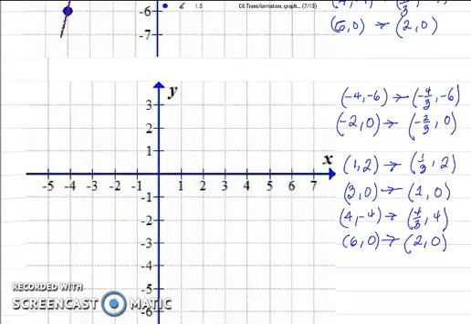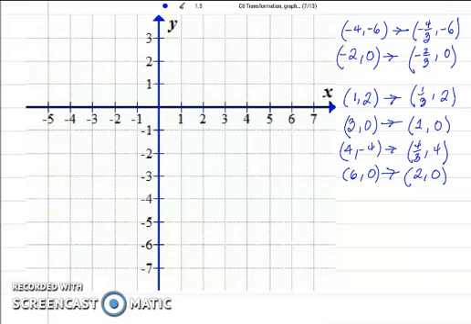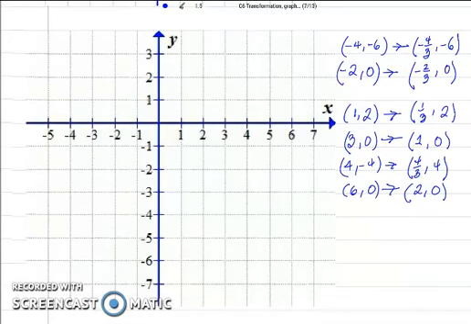Below here I have a similar thing to the previous diagram. So now we can plot the points. The point (4, -4) is going to become (4/3, -4), which is the same as saying (1 and 1/3, -4), which will probably get me about here.